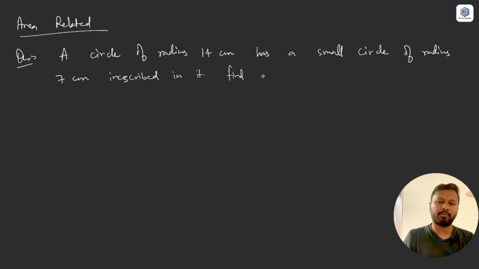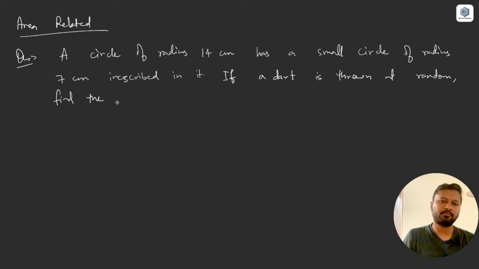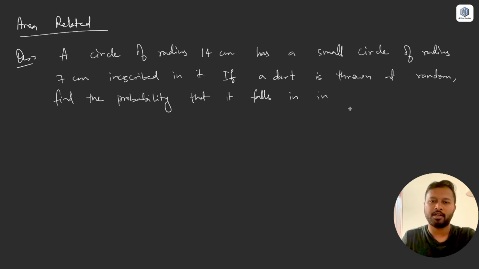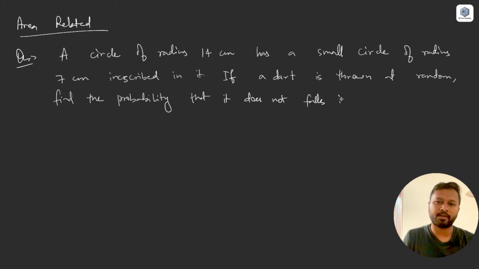If a dart is thrown at random, find the probability that it falls in the inner circle, or let's make it a little challenging: find the probability that it does not fall in the inner circle.